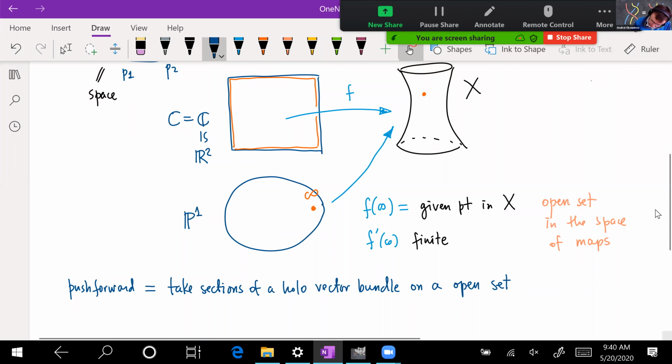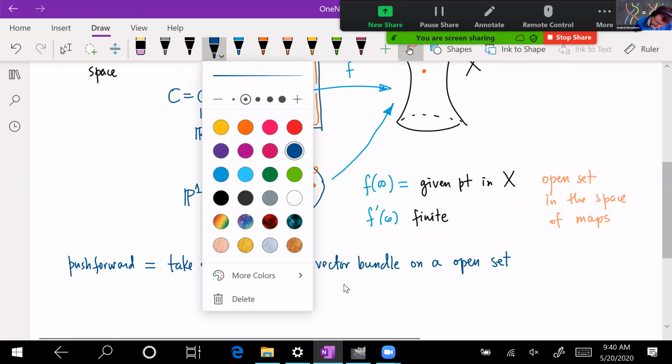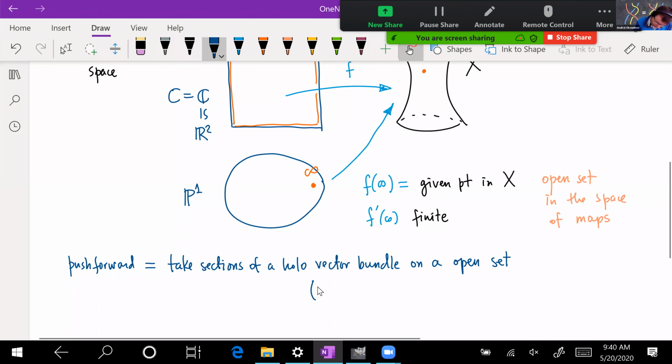So this is an infinite dimensional vector space. But from the very beginning, we weren't interested just in vector spaces. We were interested in group actions on these vector spaces.